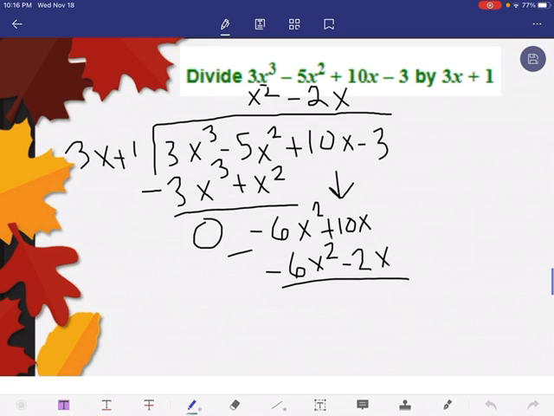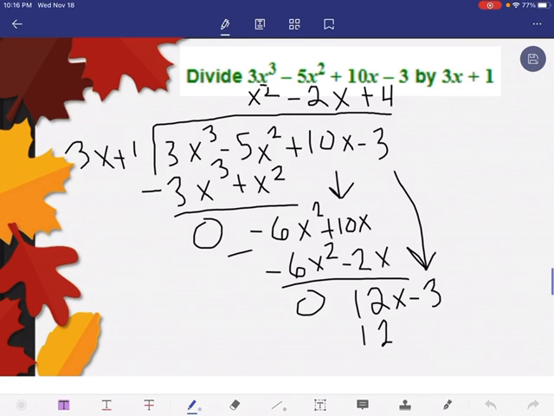We are subtracting as we go down. We get 12x. Lastly, bring down that negative 3. I'm going to get a plus 4, which gives me 12x and a positive 4.